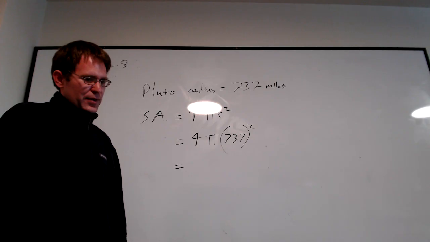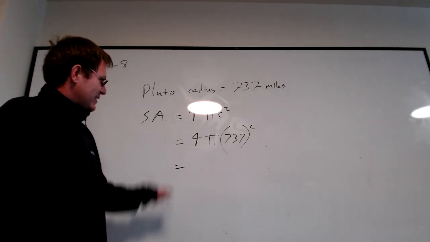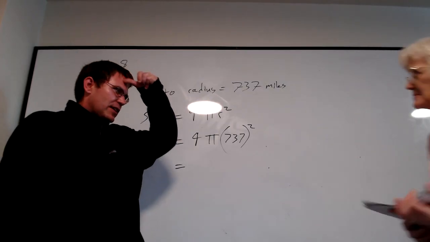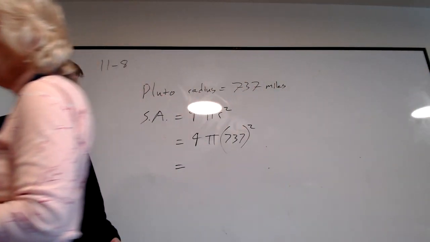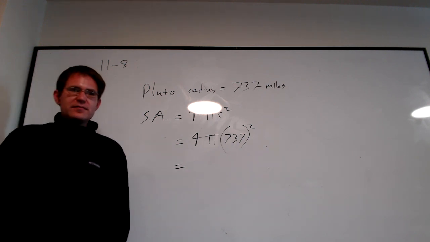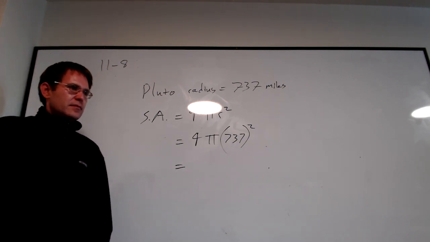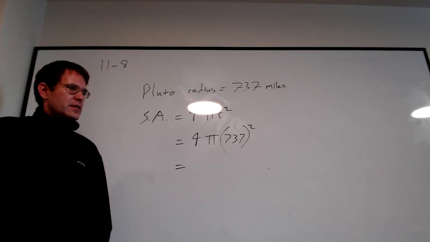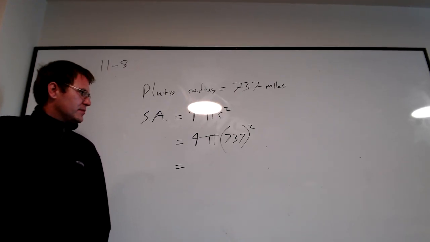Okay, so what do you get? Remember, for pi, make sure to use your pi symbol. What order would you do that in? PEMDAS, so what would you do first? 737 squared, do that first.